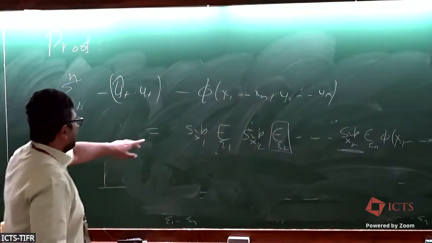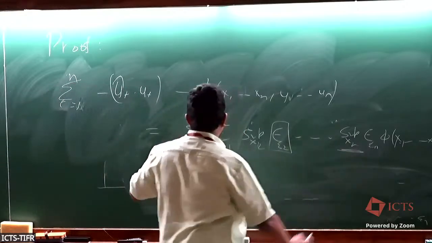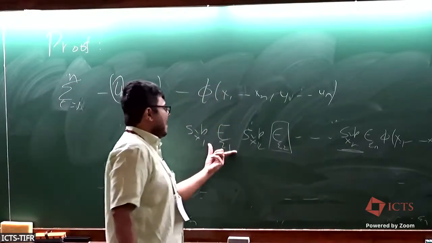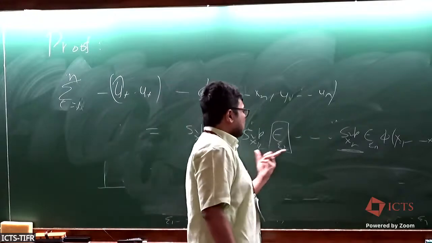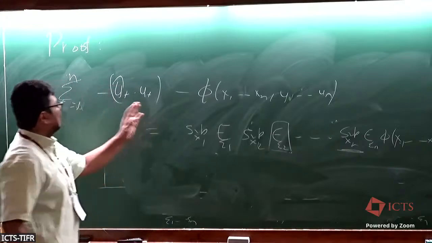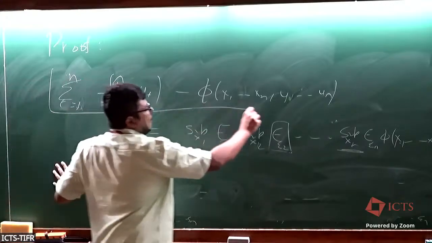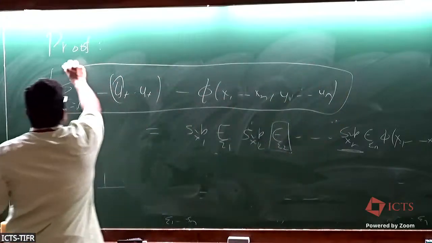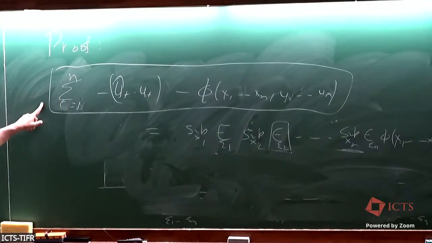So in the end, you would get this long sequence where the adversary picks the worst x1, expectation over epsilon 1, worst x2, expectation over epsilon 2, all the way till the end, right? And that's exactly the equality that you get for this quantity here. Okay?